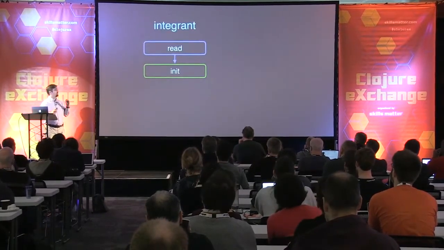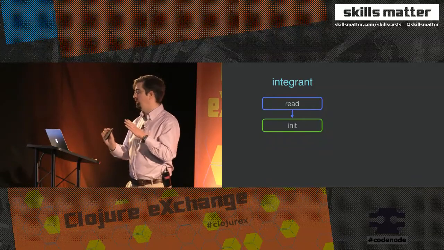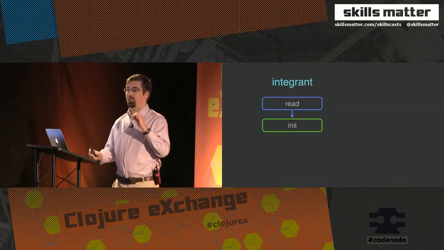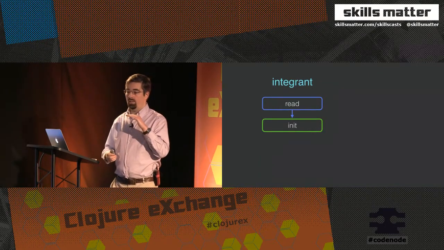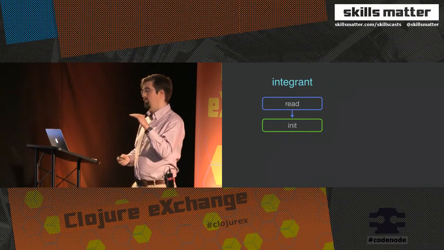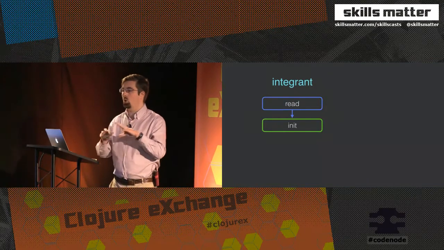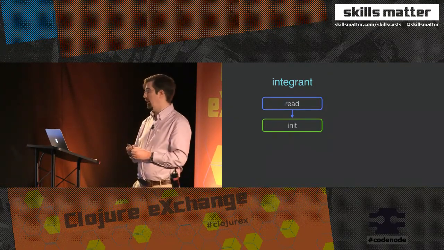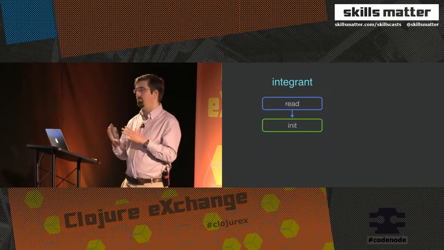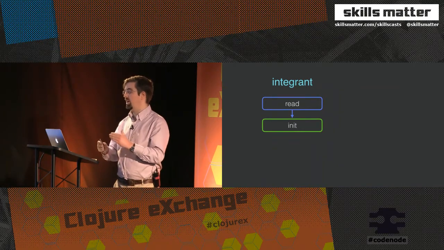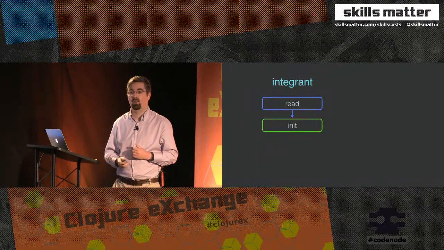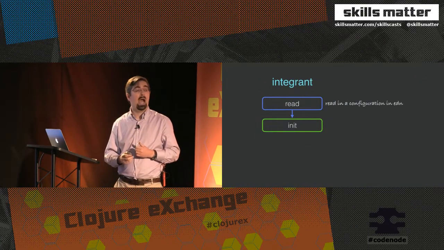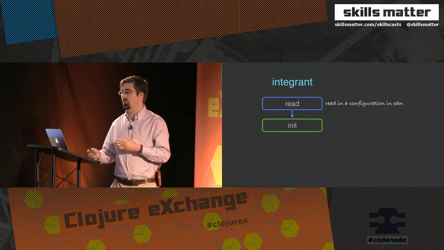Duct has a slightly simpler view, and it uses a tool called Integrant. Arachne is based on Component, Duct is based on Integrant. It's kind of like the core of the system. And Integrant has a simpler run chain. It's a simpler tree. It reads in a configuration, and the configuration is just in EDN, so it doesn't use a configuration script.